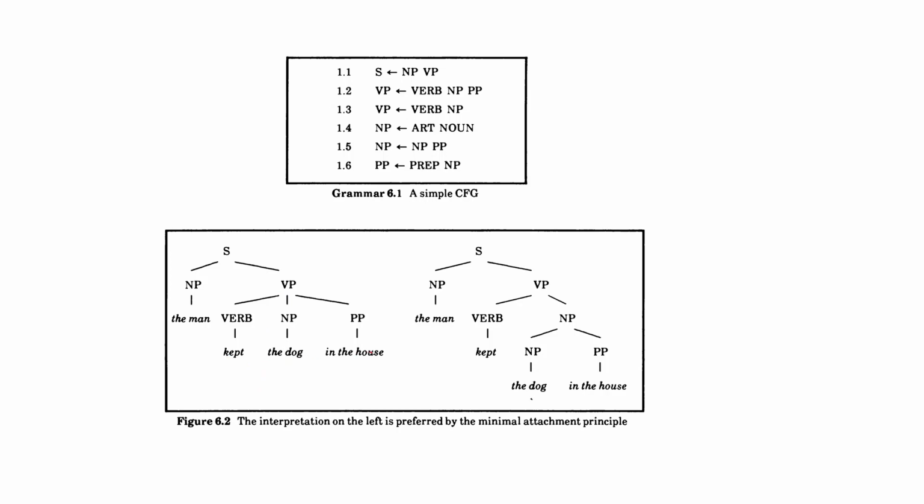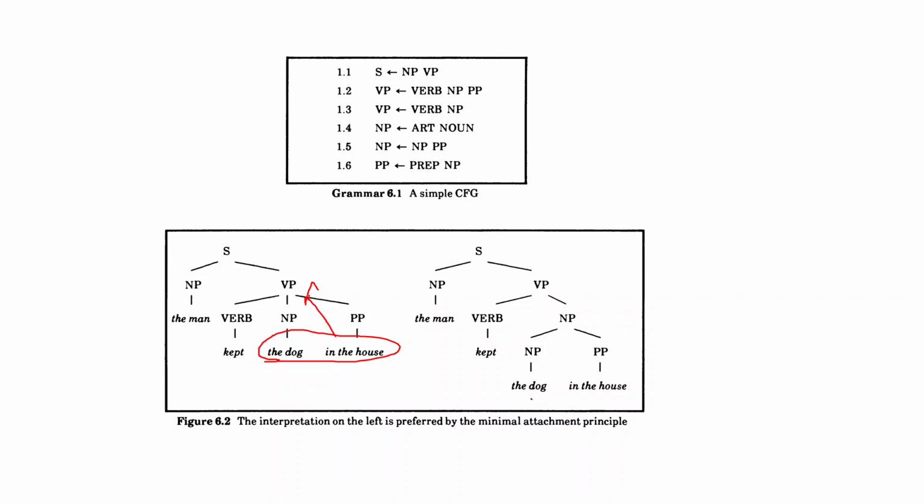So if you want the number of non-terminals to be less, then a larger number of words can be combined into a particular non-terminal, or a larger number of lexical entities can be combined into a non-terminal.